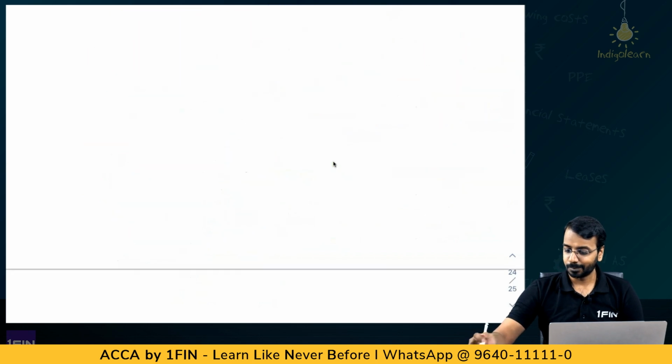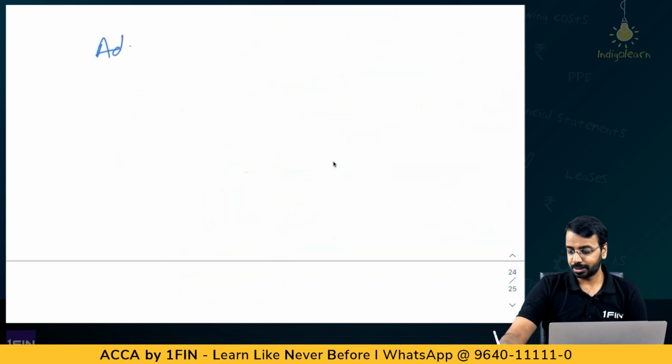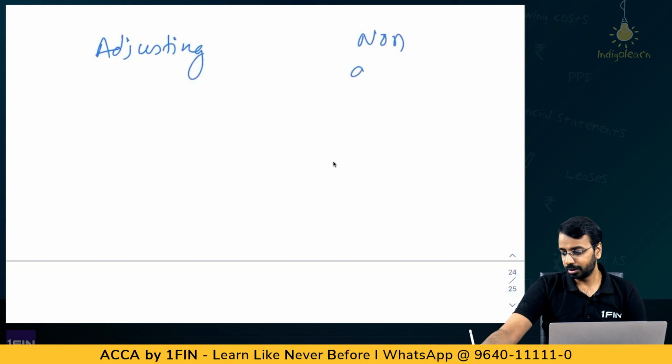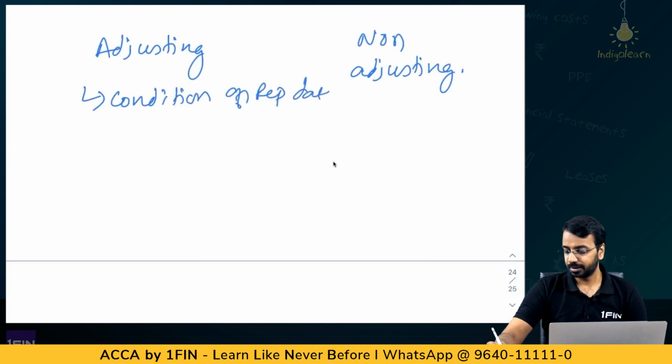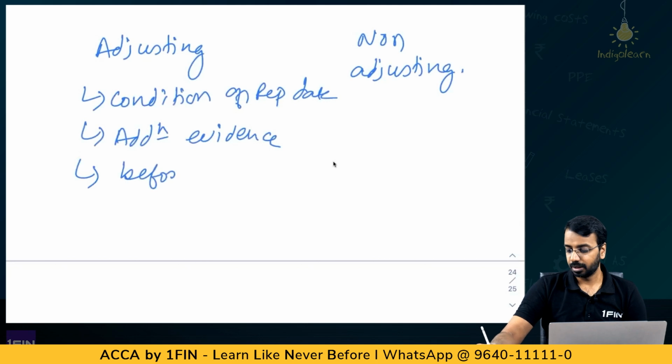So, you need to understand what are adjusting and what are non-adjusting. Adjusting, there must be a condition on reporting date for which we receive additional evidence before financial statements are approved.